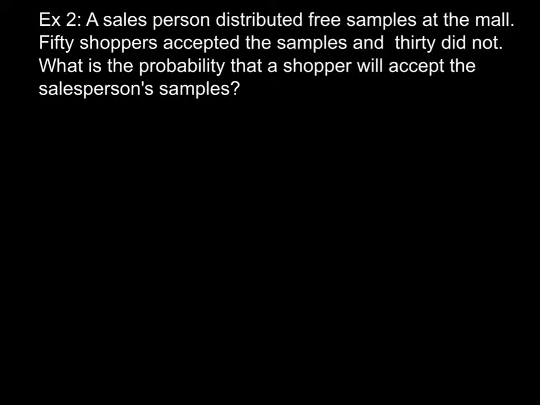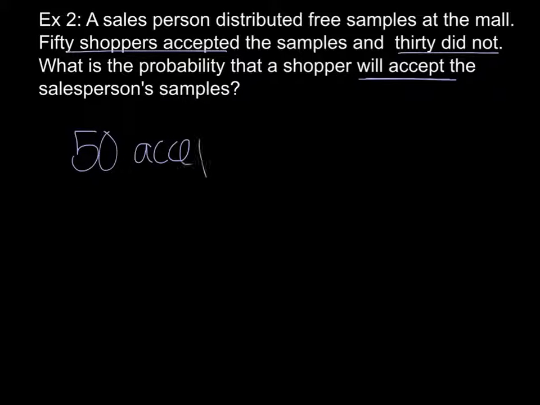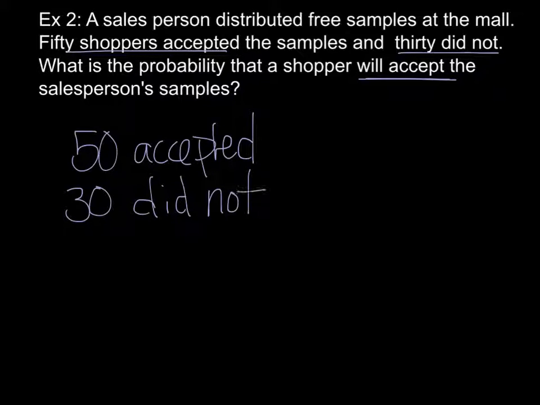In example 2, it says, a salesperson distributed free samples at the mall. 50 shoppers accepted the samples and 30 did not. What's the probability that a shopper will accept the salesperson's samples? We know that 50 accepted and 30 did not. If we add that together, we're going to find the total number of shoppers that happen to walk by. That's 80 shoppers.